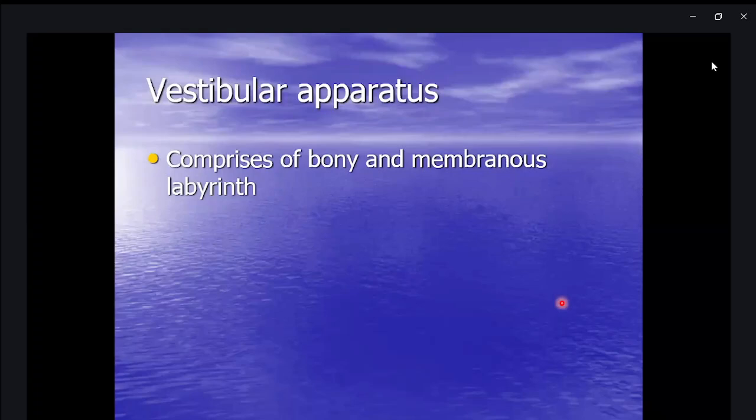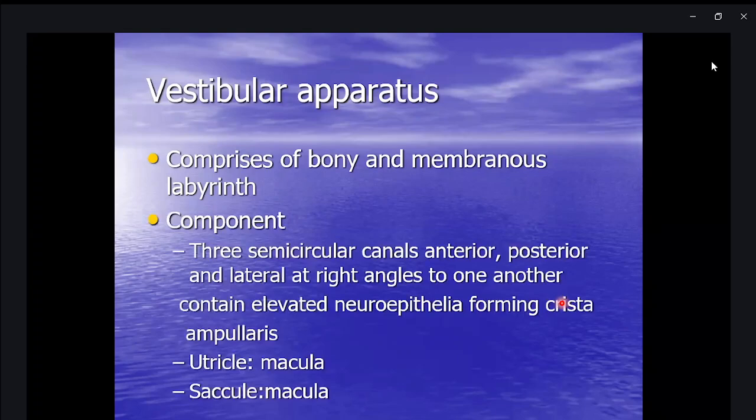Now, what about balance? The vestibular nerve is for balance. Again, we have the bony labyrinth and membranous labyrinth. Channels within the bones, and then the membranes, which contain neuroepithelia, just like what we saw in the case of the auditory.